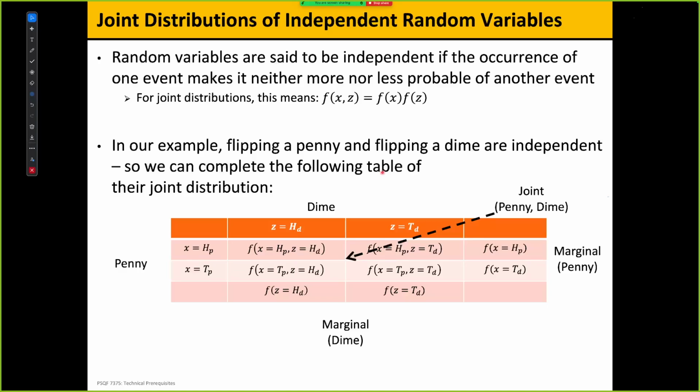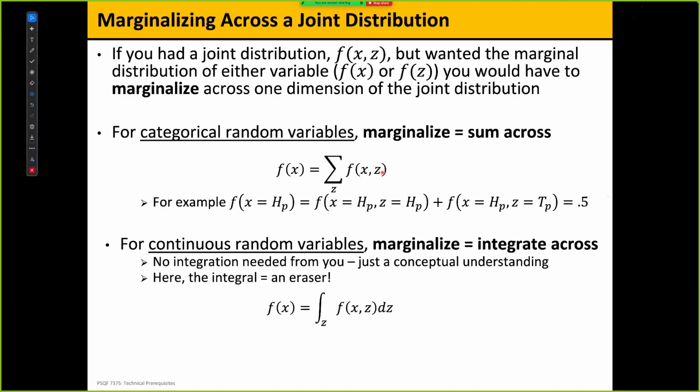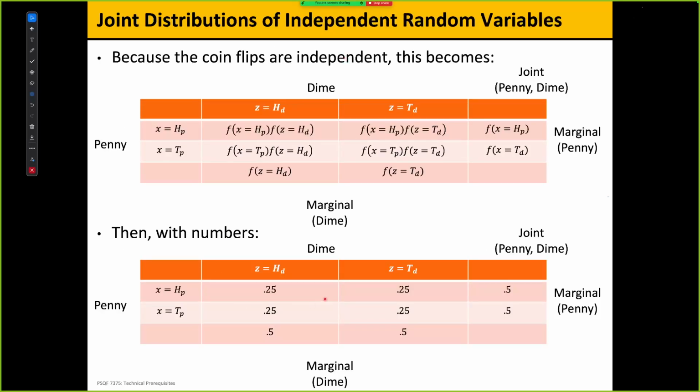And in this coin flip example, I'm going to tell you that's the case. We have to assume that's the case. It's usually the other way around. X and z have some type of relationship, so we have their joint distribution, but we may want to get to a marginal distribution. It's like saying we have the center of this table. How do we figure out the margins on the outside?